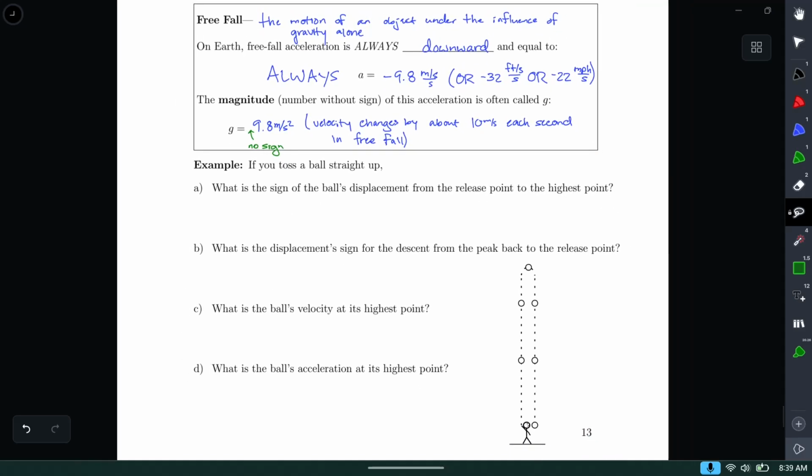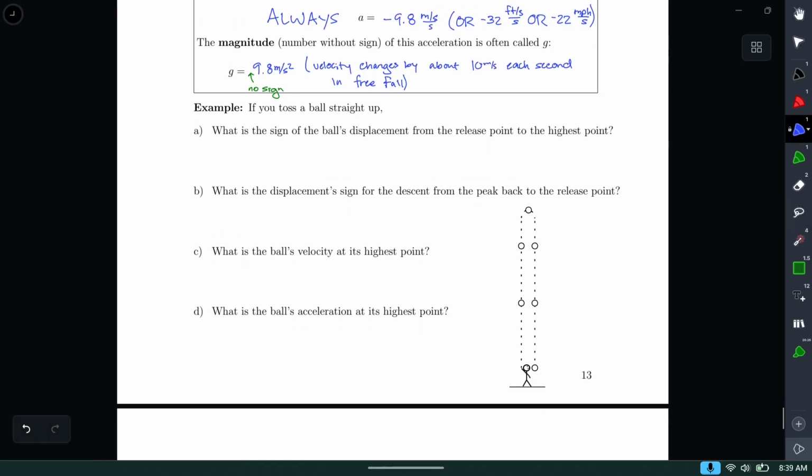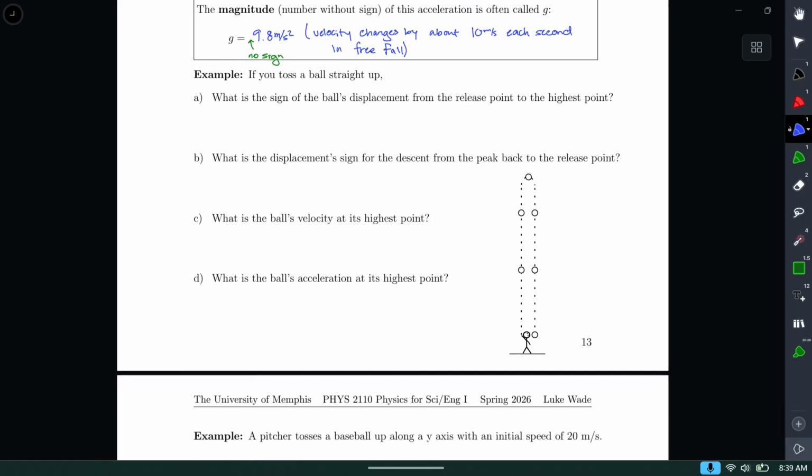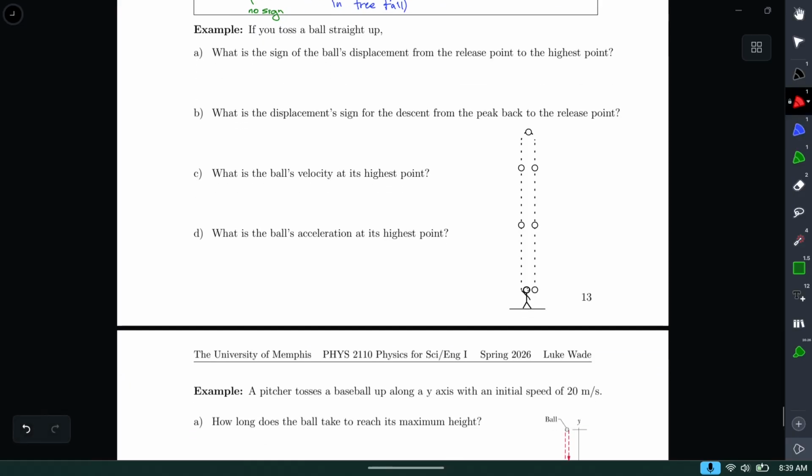But let's look at some of these features of free fall. Tossing a ball straight up in the air, that is considered free fall, even though it goes up at first, because it's in the hands of gravity once you let go of the ball. So when you first throw it upward, it undergoes a displacement this way.